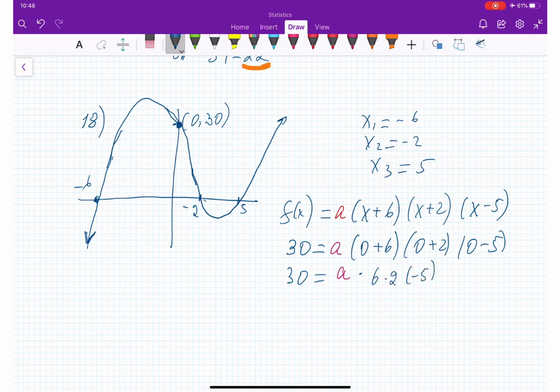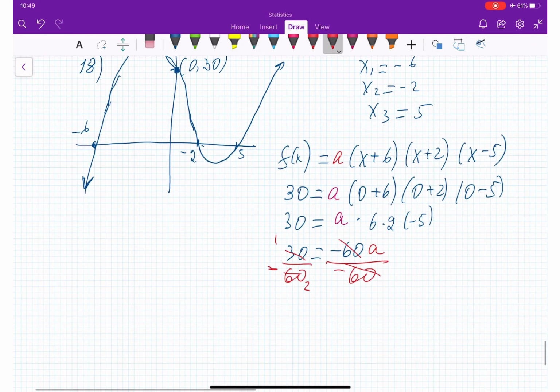So the result is going to be 6 times 2 is 12, and 12 times negative 5 is negative 60. So 30 is equal to negative 60a. To find a, what are we going to do? Divide by negative 60 here, divide by negative 60 here. So the 60 and negative 60 are gone, and here will be left 1 over 2.